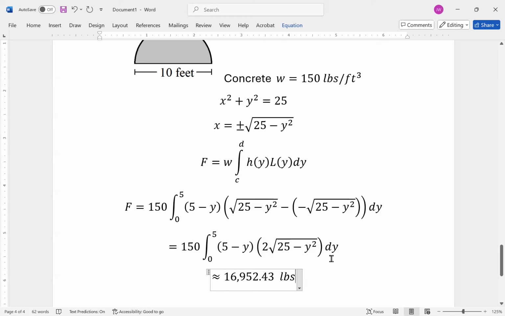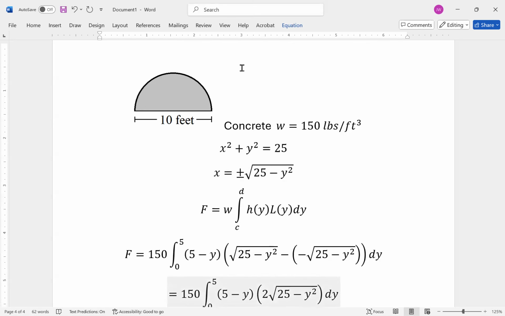By the way, I just wanted to point out, if this tank wasn't completely full of concrete, let's say the tank was only this full, let's say it's 4 feet deep or 4 feet filled up, then we could do the exact same thing. We would just have to change our depth from a 5 to a 4, and we would, in this case, change our bounds from a 5 to a 4 as well.